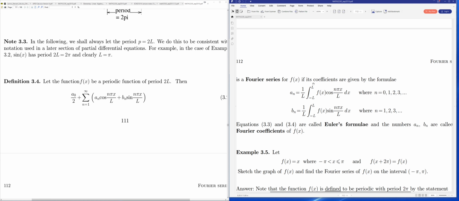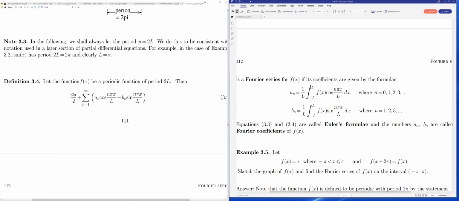So this L is coming from the period of your function f of x. And you see why I want to use 2L over here, because if I didn't have a 2L, then I'd need to start dividing these limits by a half.